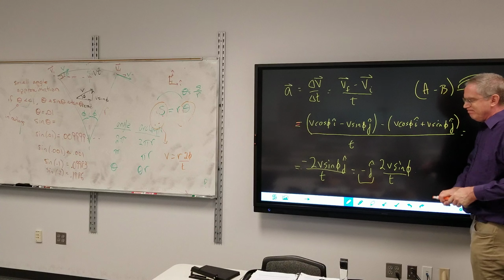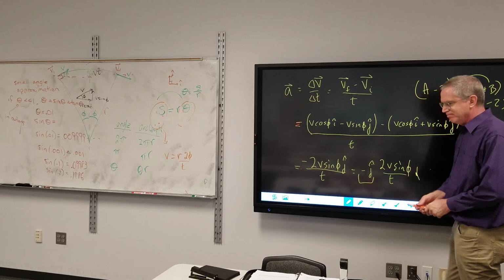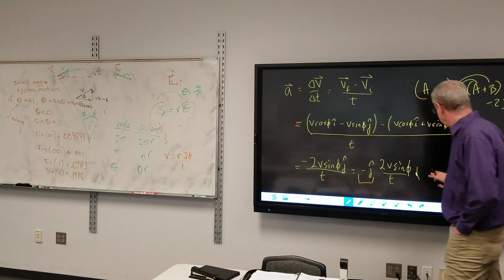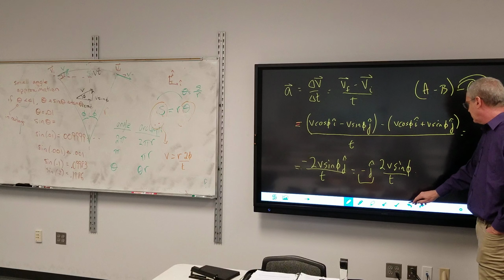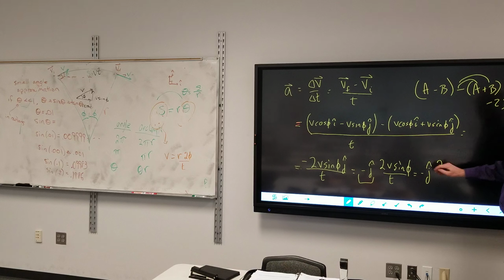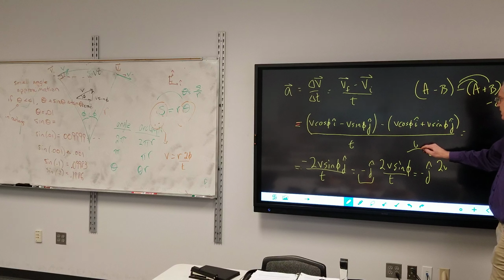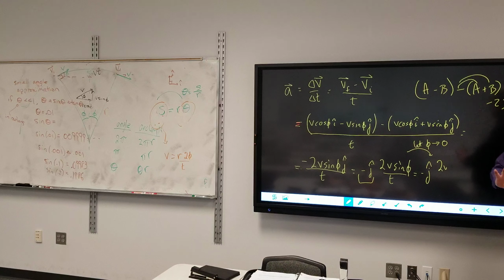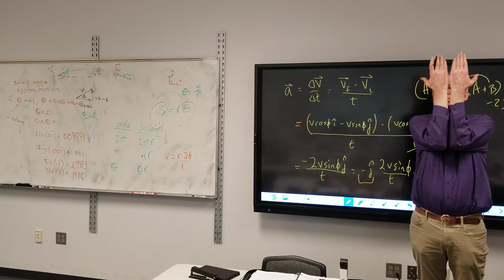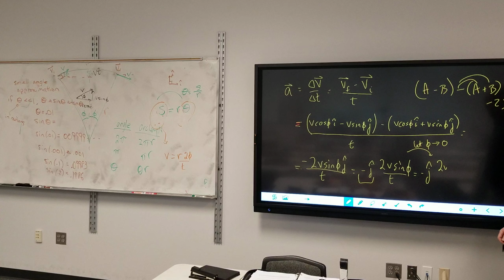So in the negative j hat 2v, let phi approach 0. Phi is not equal to 0, it's just getting closer and closer to 0. So I'm basically taking my wedge there and making it smaller and smaller. For the math purists, the limit as phi goes to 0.